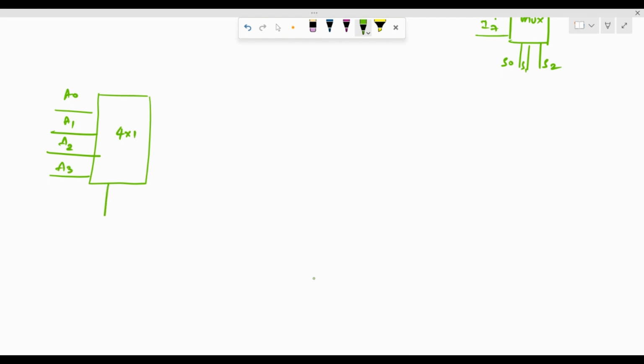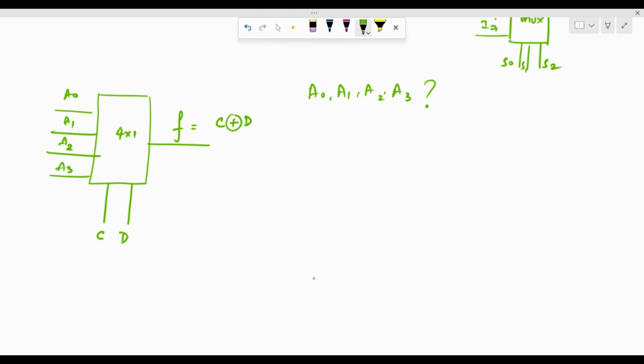So obviously there are going to be two select lines and they have marked it as CD, and there is going to be one output, and the question says that this output is C XOR D. Then what should the values of A0, A1, A2 and A3 be, so that you get the output of the multiplexer as C XOR D?